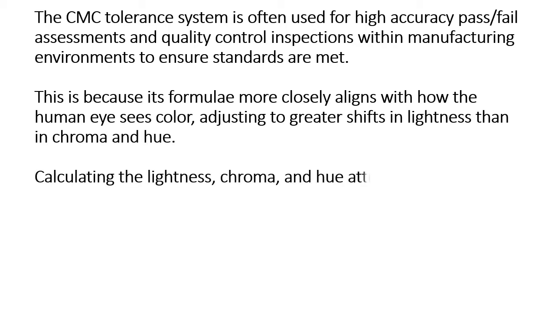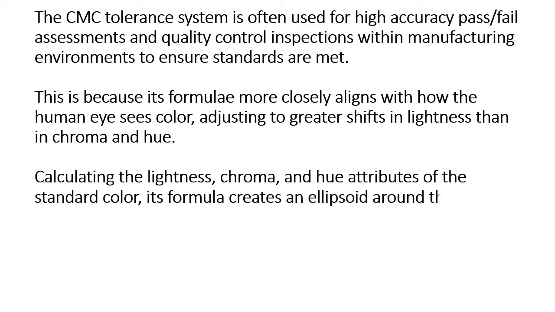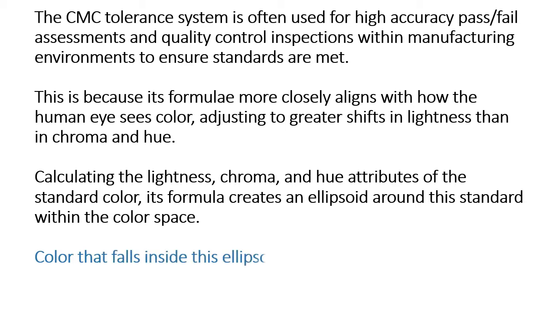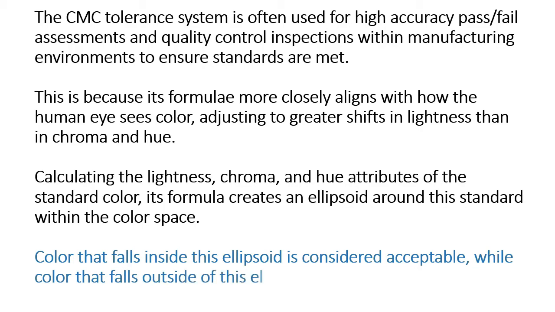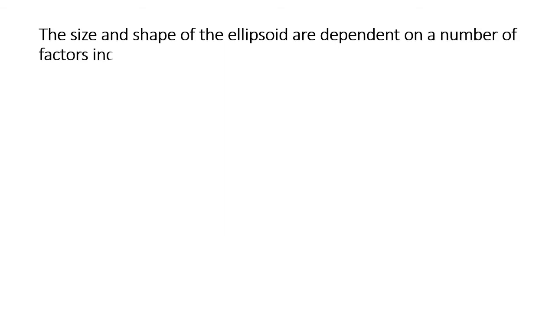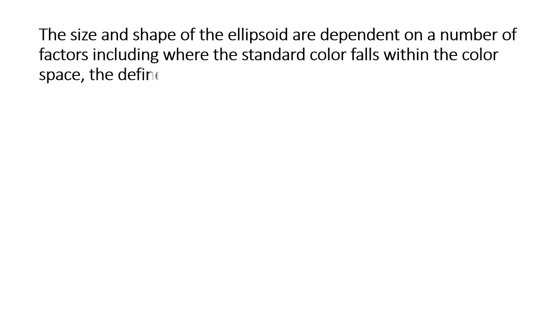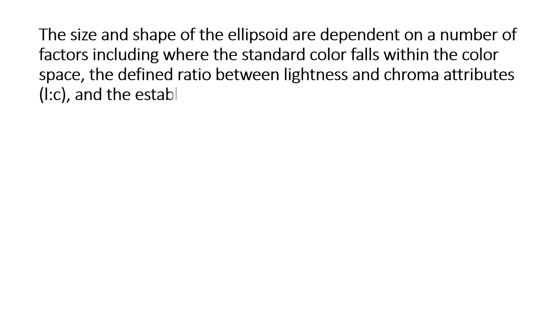Calculating the lightness, chroma, and hue attributes of the standard color, its formula creates an ellipsoid around this standard within the color space. Color that falls inside this ellipsoid is considered acceptable, while color that falls outside of this ellipsoid is rejected. The size and shape of the ellipsoid depend on a number of factors, including where the standard color falls within the color space, the defined ratio between lightness and chroma attributes, l and c, and the established commercial factor, CF.